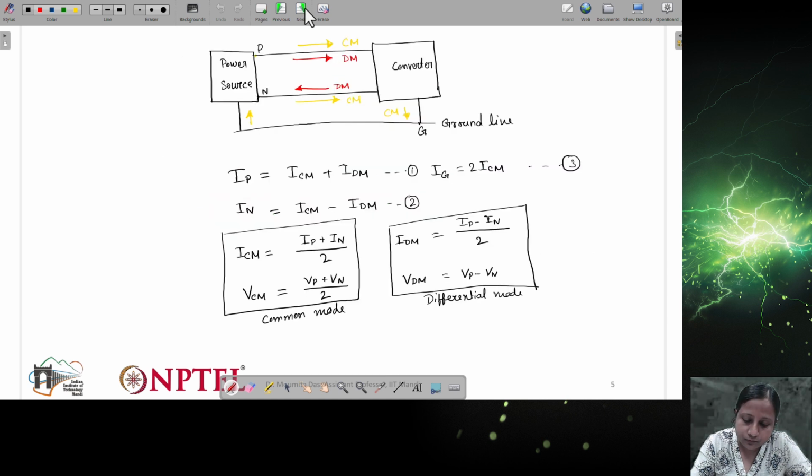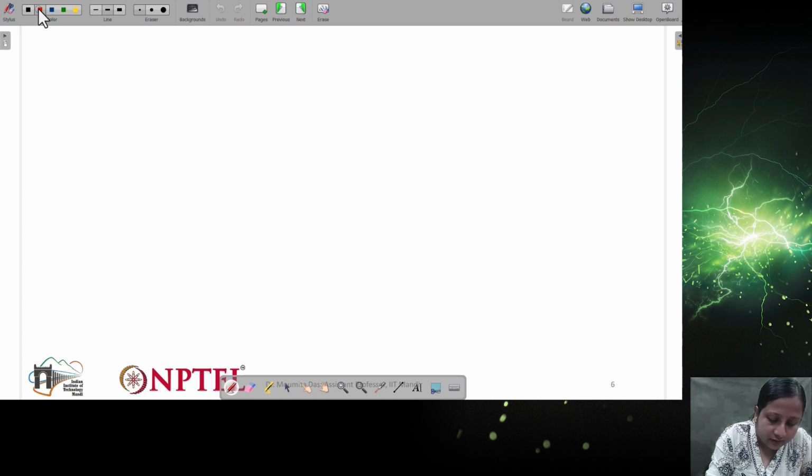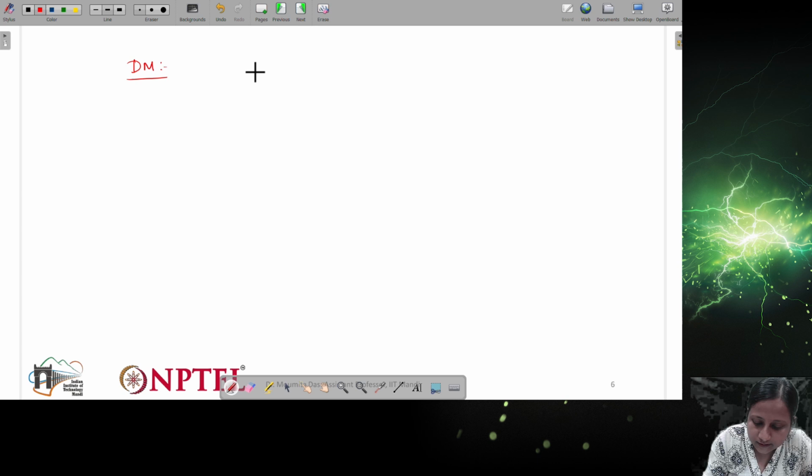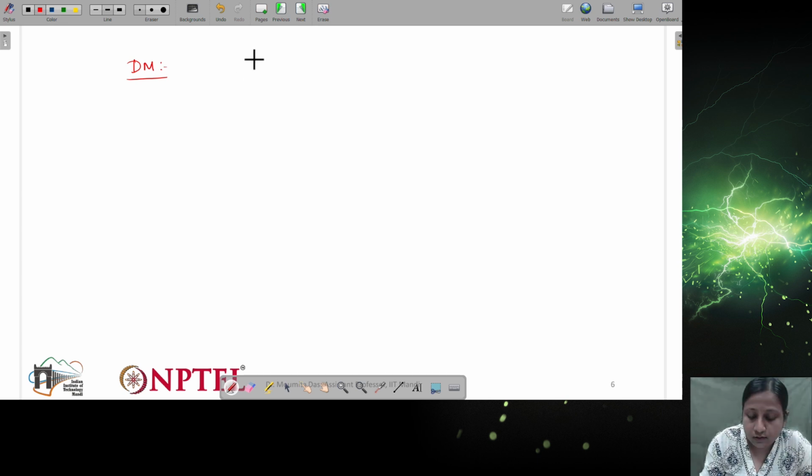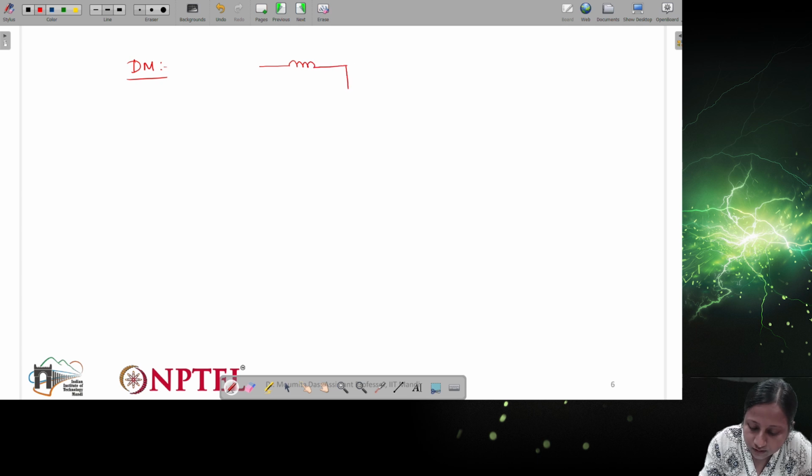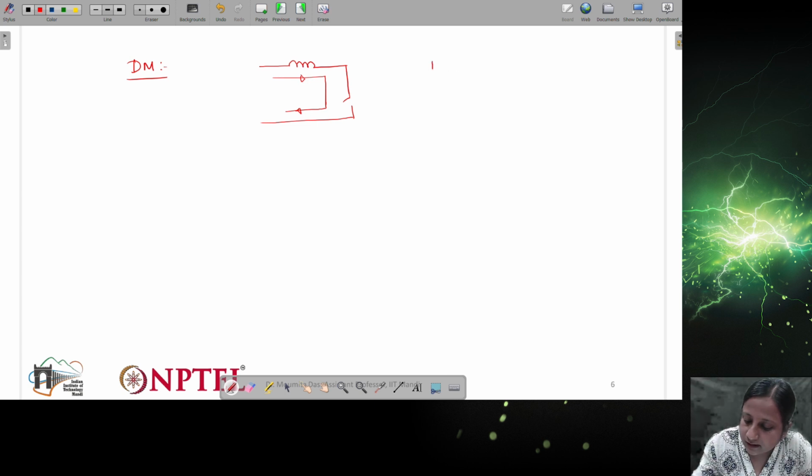If I draw the equivalent diagram, the power line flows through the switches for the boost converter, right? So these kinds of noises are present, and the noise will be similar, with switch on and off.